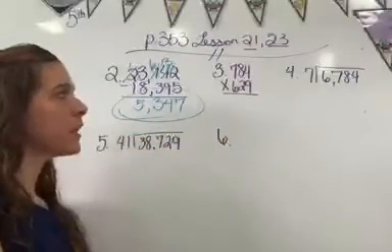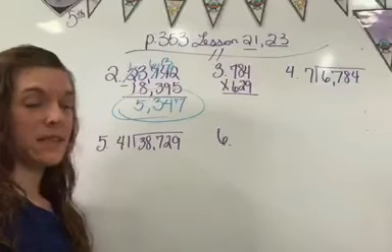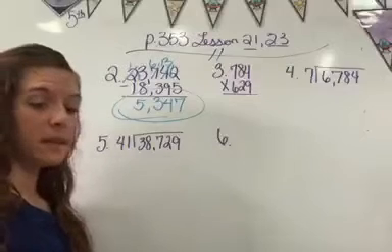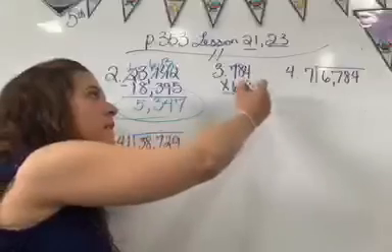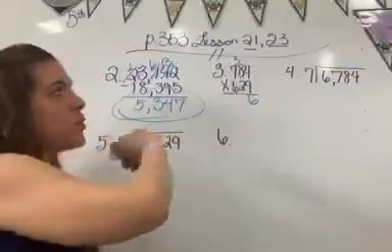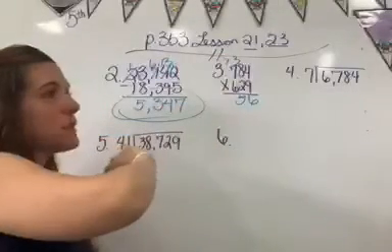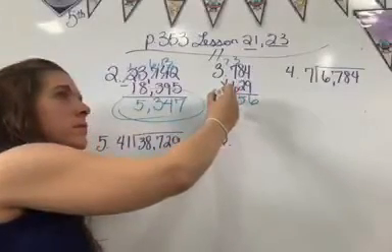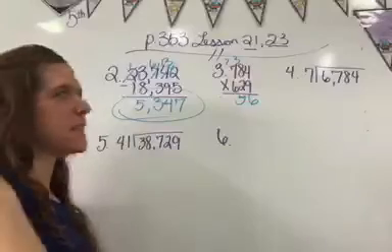That's the answer. Number 3, the answer is 493,136. Okay, so here we go. 9 times 4 is 36. 9 times 8 is 72 plus 3 is 75. 9 times 7 is 63 plus 7 is 70.